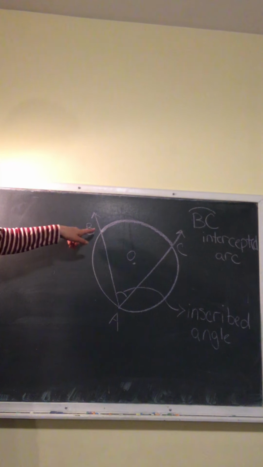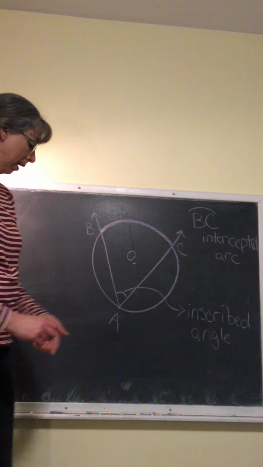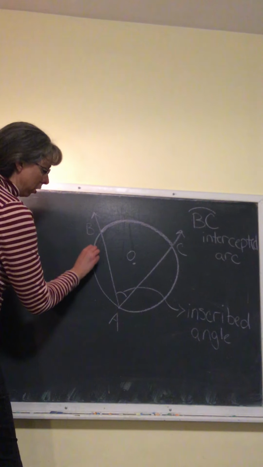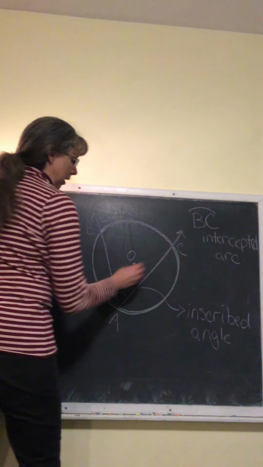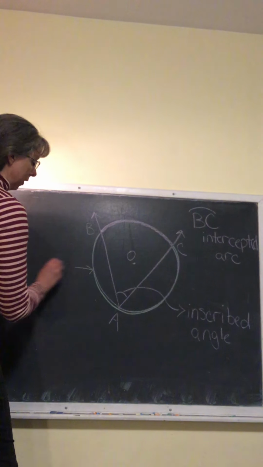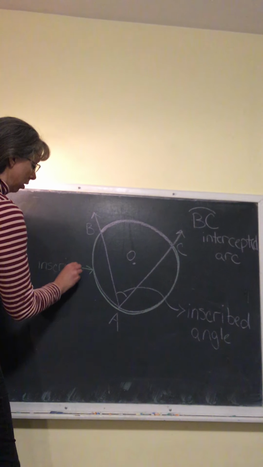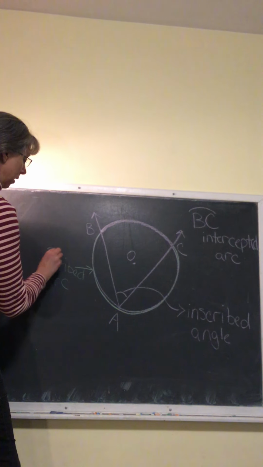We can also say that arc BAC, that major arc around, is the inscribed arc. That's not a term that we use as much, but that is the correct term for that. That is the inscribed arc, arc BAC.